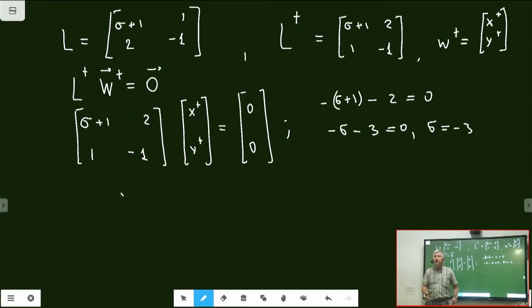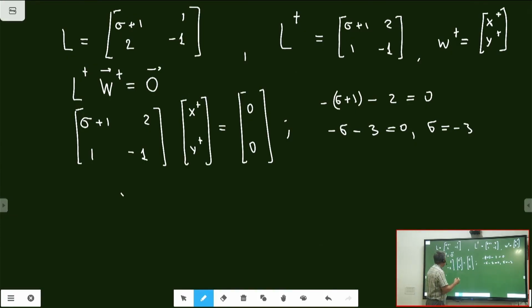That means we don't really need to solve the adjoint problem to find eigenvalues, because eigenvalues are guaranteed to be the same. At most, they will be complex conjugates. However, we still need to find eigenvectors, this W dagger, because that is important. We will need to use it later on in the dot product. So we still need to solve the eigenvector problem.